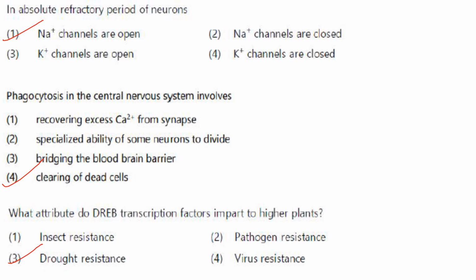Phagocytosis in the central nervous system involves. So usually phagocytosis in central nervous system, it plays role in maintenance of tissue homeostasis, defense against infection, clearance of apoptotic cells and debris, modulation of inflammation, regulation of the immune response.